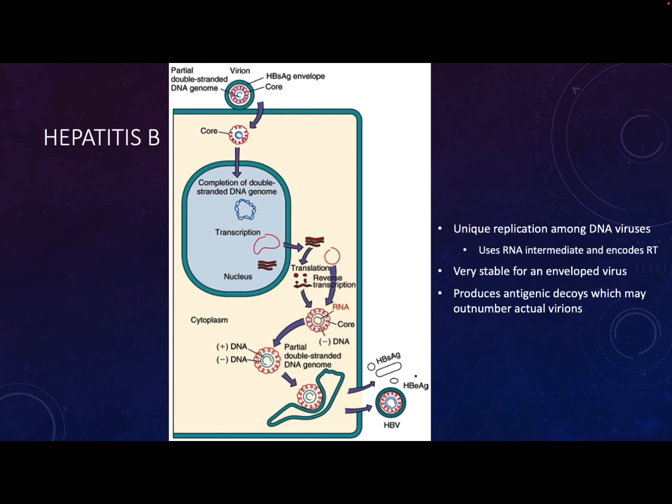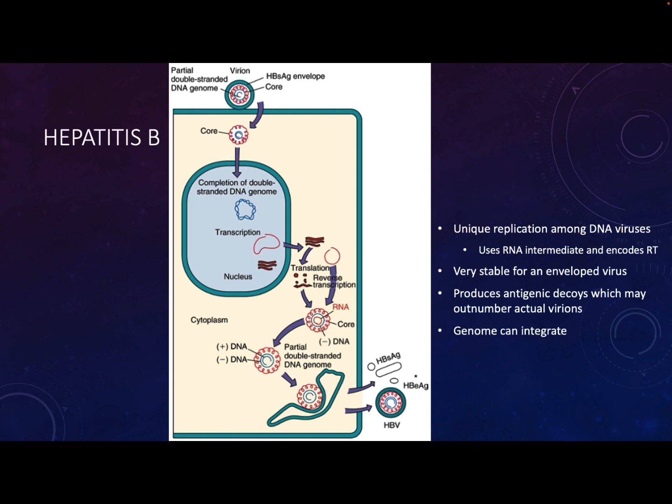It will basically, and it shows them in this image down here in the bottom right, fling out pieces of envelope that have viral proteins in them to occupy the immune system, while the actual viral particles can go and continue to cause infection. And they will release far more of these decoys than they will of actual viral particles.